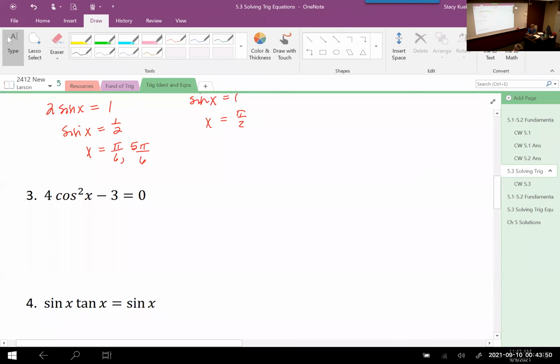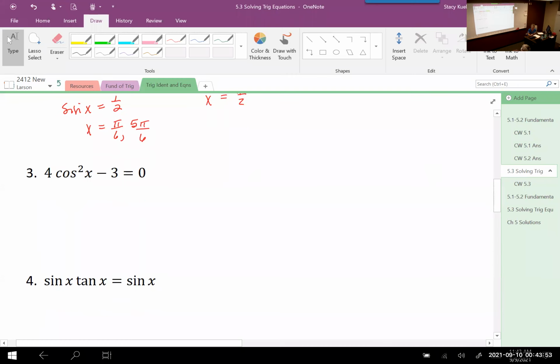So the other route to this is to use the square root property. In other words, let's get the squared term by itself. I do that by adding 3 to the right-hand side. Then what would I do? Divide by 4, because I'm trying to get the squared term by itself. And then what?